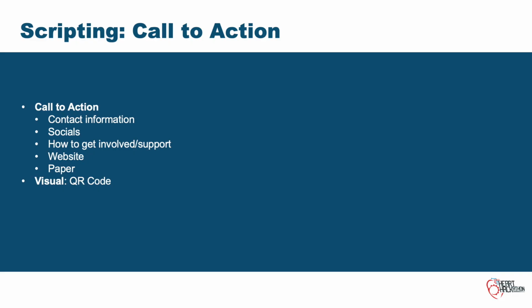So call to action is a very simple thing to do, which is just provide a QR code that is quite noticeable within your poster. And this is very important because your poster doesn't provide everything. And therefore, the QR code is either providing further information for them to learn more or to get involved or follow you as well.